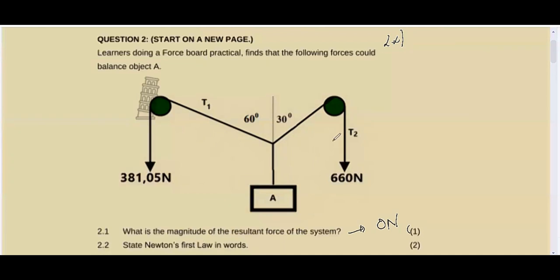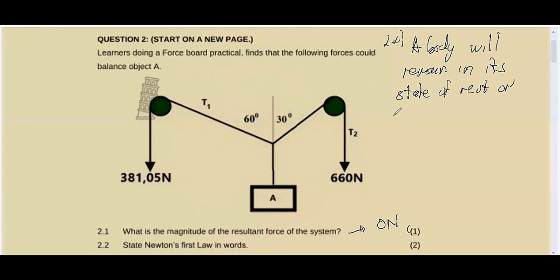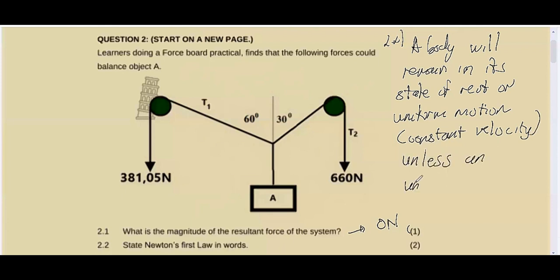So to quickly state that, Newton's first law in words simply states that a body will remain in its state of rest or uniform motion, or we can say will continue moving at a constant velocity, unless an unbalanced force acts on it.